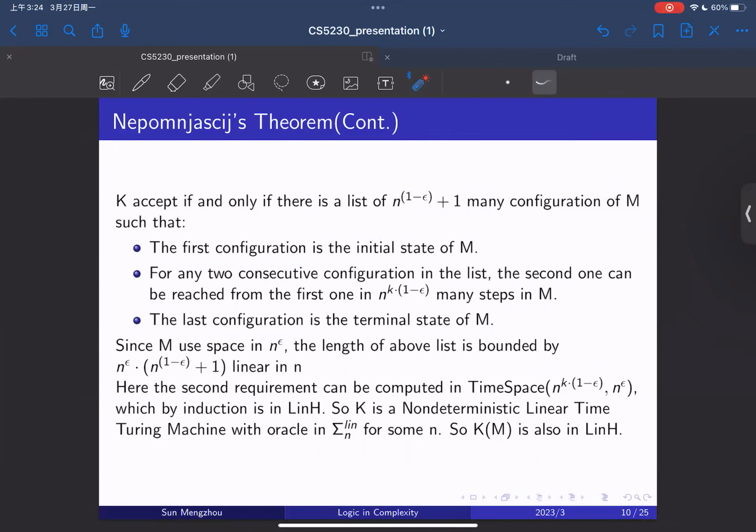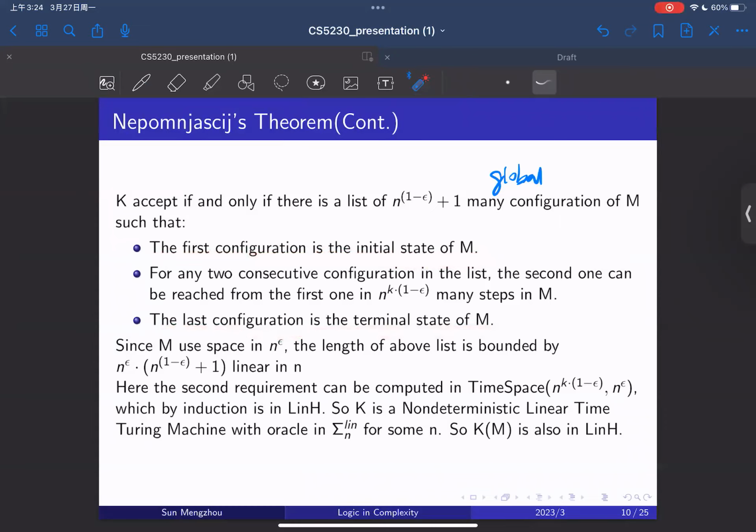So we claim that K accepts if and only if there is a list of n^(1 minus epsilon) plus 1 many configurations of M. Here the configuration means global configuration. So we record all the information in all the tapes and the position of the head, such that the first configuration is the initial state and the last configuration is the terminal state.